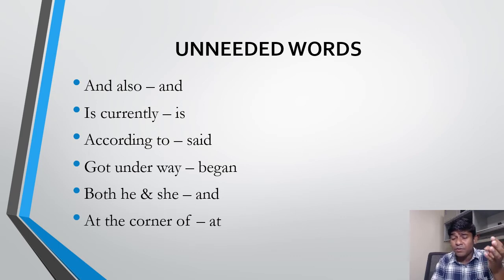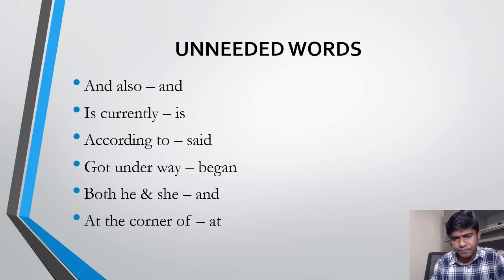"According to" you do not have to say, as in "according to the Ministry of Statistical Studies." You just say that the Ministry of Statistical Studies quoted, or the Ministry of Statistical Studies said. That's enough. You do not have to go into indirect speech, right?